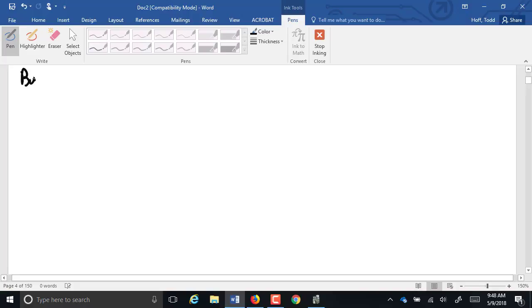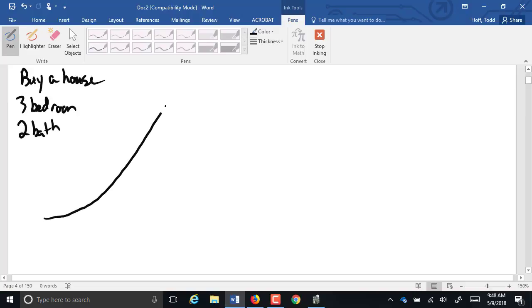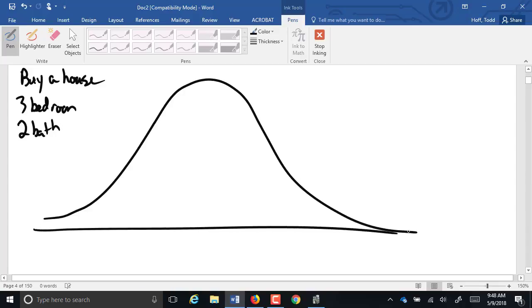Let's say you're going to buy a house and you want a 3-bedroom, 2-bathroom house. And you do some research.